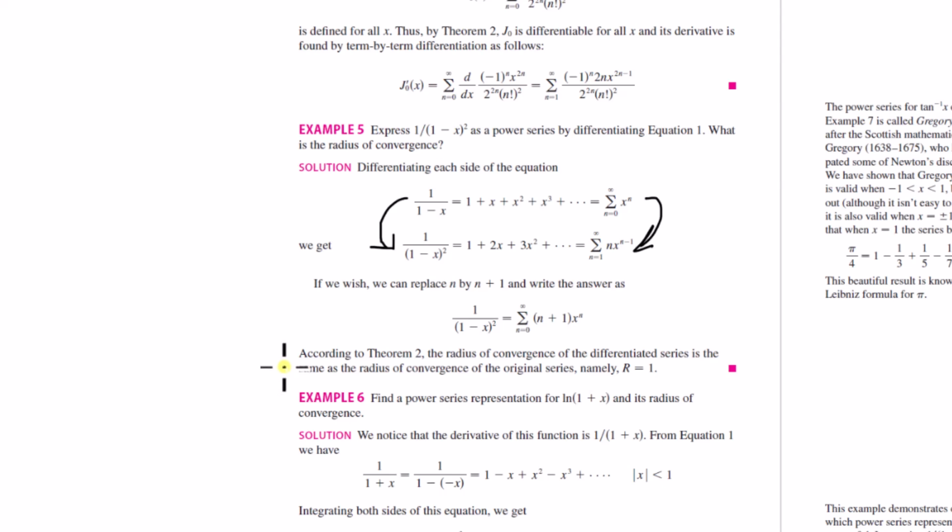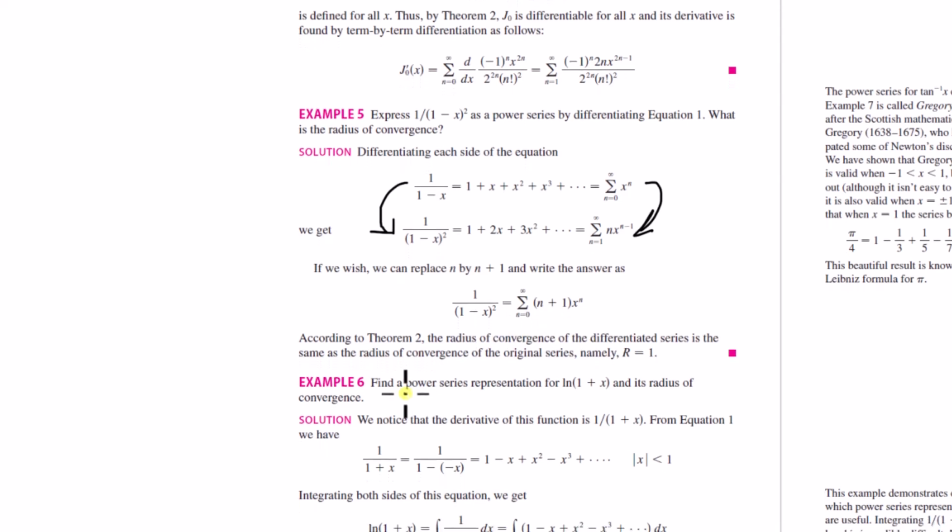I'm not sure why they don't recheck the endpoints, but the radius of convergence doesn't change, as well as the center point of that radius of convergence. And then you just have to check the endpoints. I'm not sure why they don't check the endpoints, but you would check the endpoints.